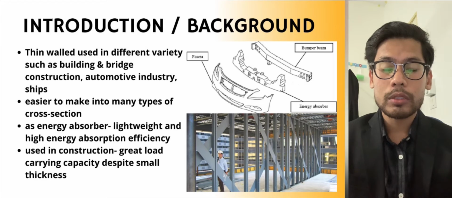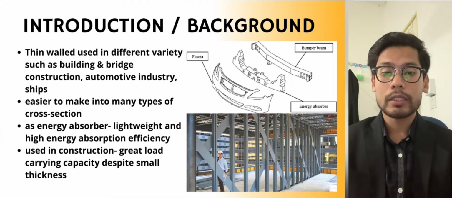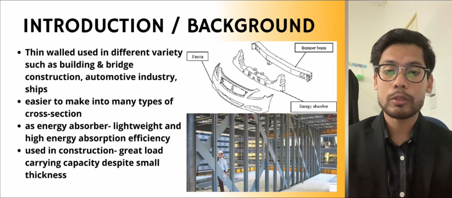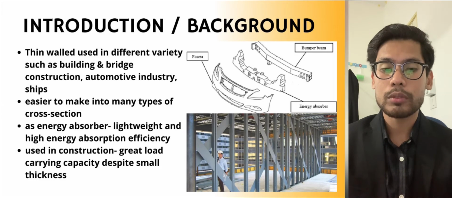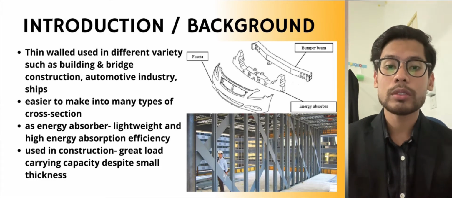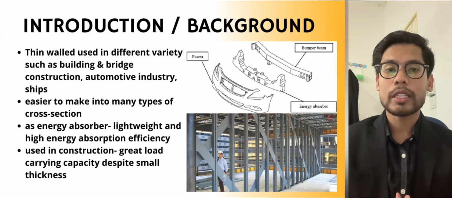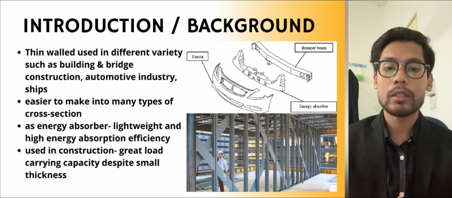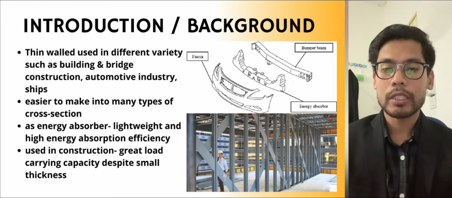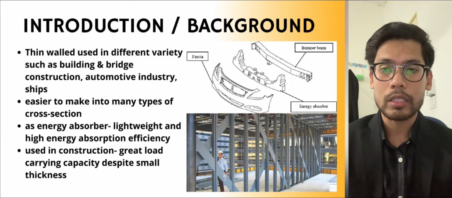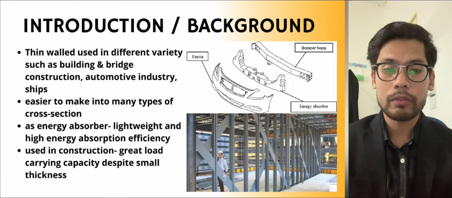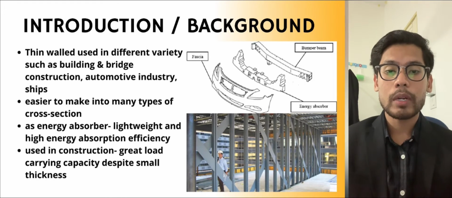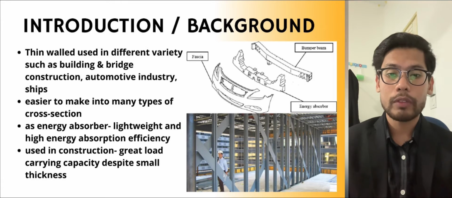Thin wall is used in the automotive industry as an energy absorber because of its light weight and high energy absorption efficiency. It is also used in construction because it has a great load carrying capacity despite its small thickness. However, this flexibility can lead to complex structural behavior such as several buckling modes or even multiple failure modes.